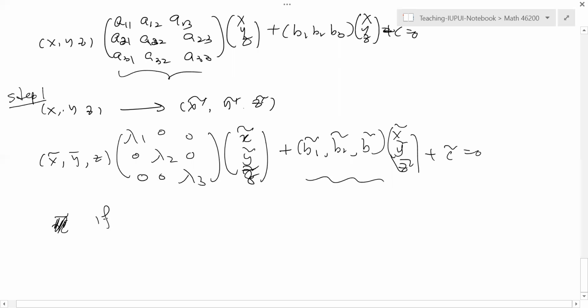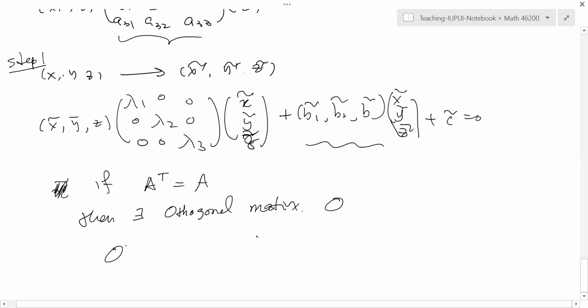So if A is symmetric, the transpose equals A, then there exists an orthogonal matrix O, such that O transpose A O is going to be the lambda, a diagonal matrix, if it's an n by n matrix.